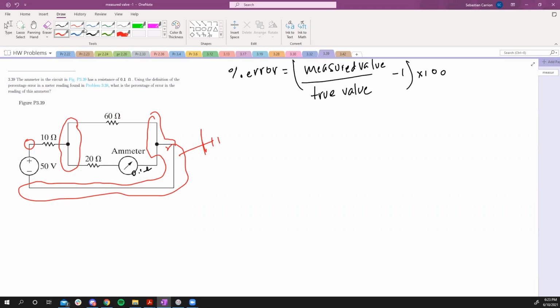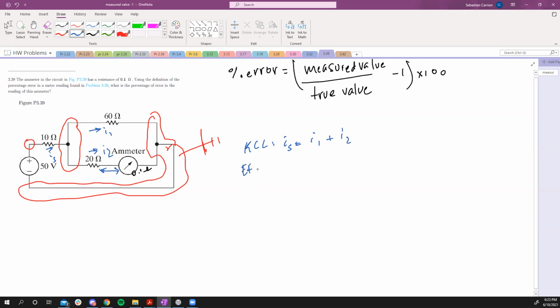Okay, so go ahead and say IS, I1, and then I2. Right, so I'm just gonna sum these, make them one resistor and call it 20.1 ohms. So I'm gonna write the KCL. KCL is IS equals I1 plus I2.